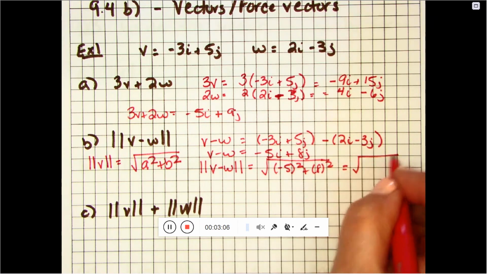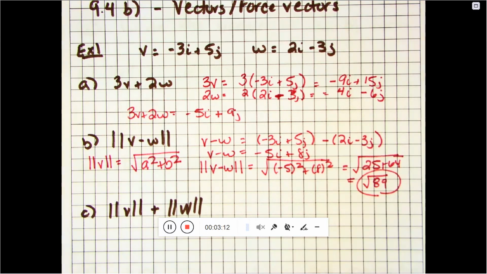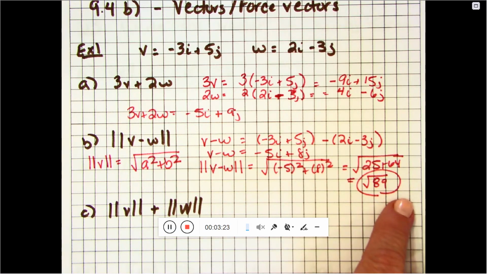So that's the square root of 25 plus 64. It's the square root of 89, and that would be the length of the vector.